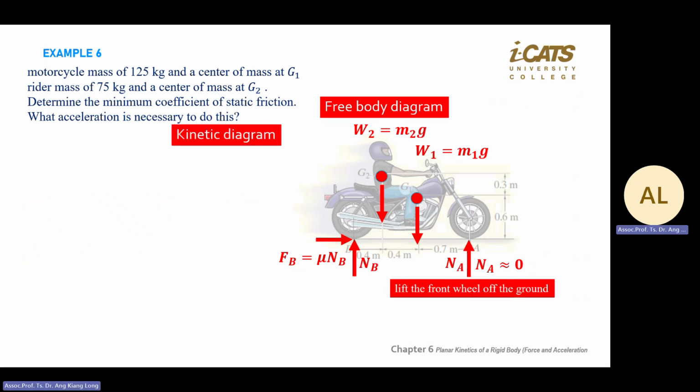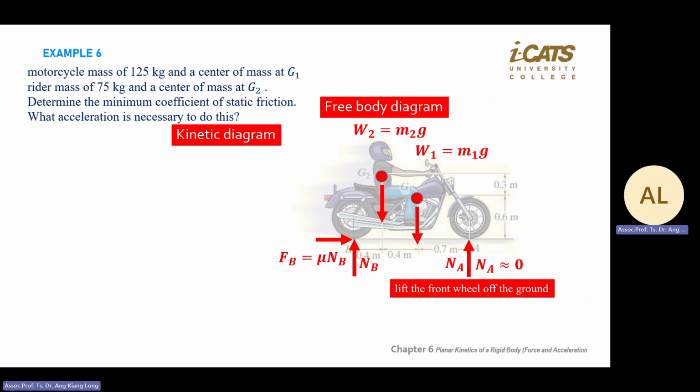Okay, once you have the free body diagram, you need to draw the kinetic diagram, which is MA. So MA in this case, you are referring to the center of mass. The motor is moving to the front, so acceleration is to the front, to the right, on the flat surface.